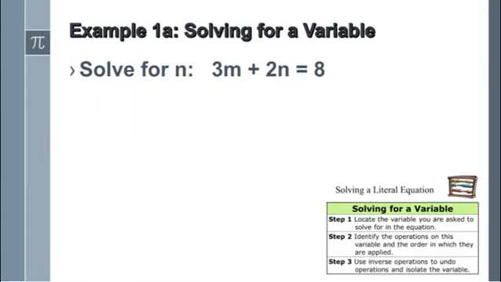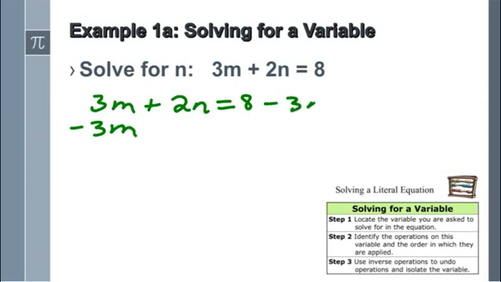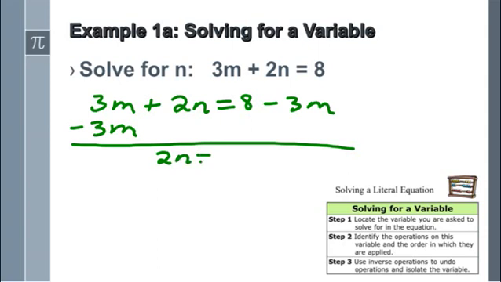Next example, solve for n. So I have 3m plus 2n equals 8. I need to solve for n, so I don't want that 3m here. So I need to do the opposite, which is subtract 3m on both sides. When I do that, I have 2n equals 8 minus 3m. To get n by itself, divide by 2. So I'm going to divide everything by 2.